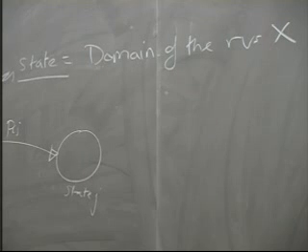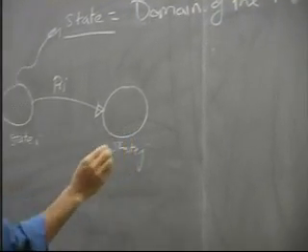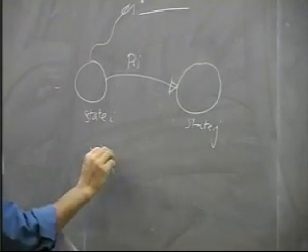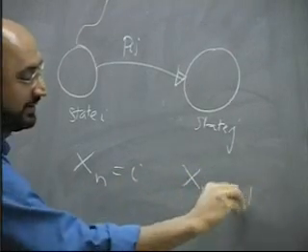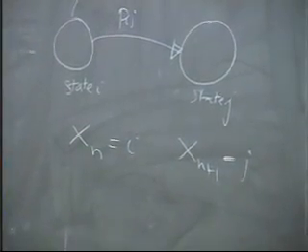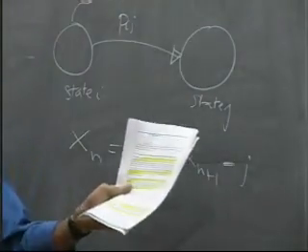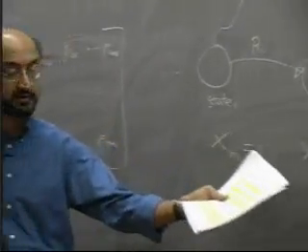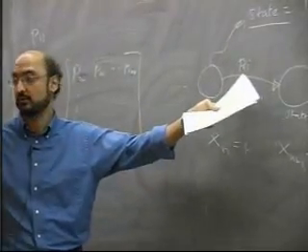So a transition from state i to state j is nothing more than saying that random variable Xn equals i, and Xn plus 1 has value j, and the probability that Xn plus 1 equals j conditional on Xn equals i is Pij.